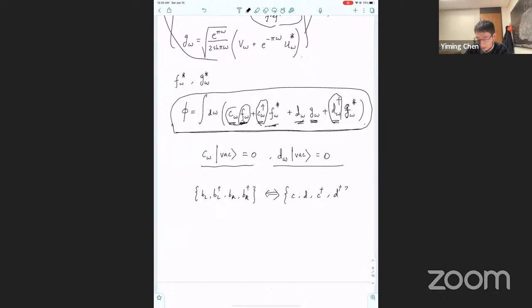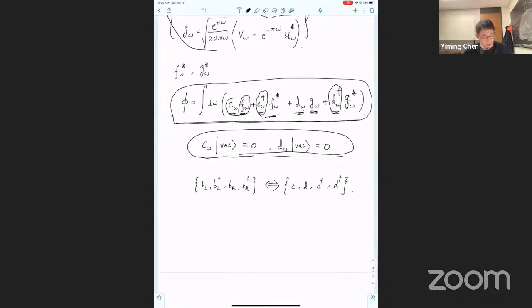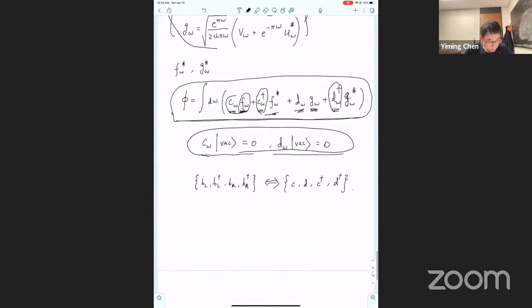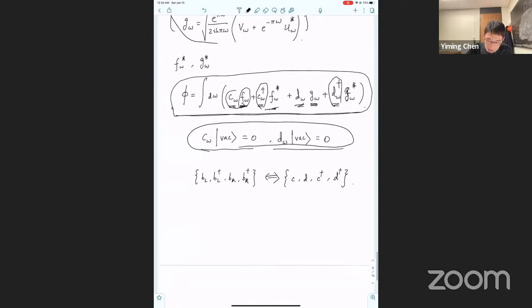By these conditions, with a few lines, you can work out what the vacuum state is, expressed in terms of the Rindler modes. So let me just write it down.